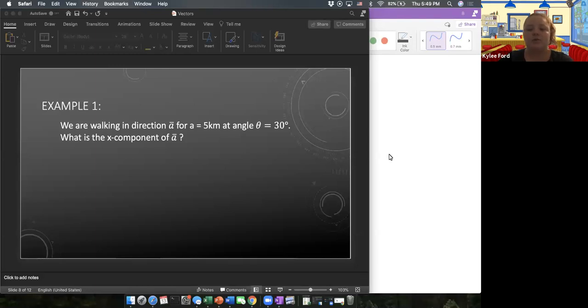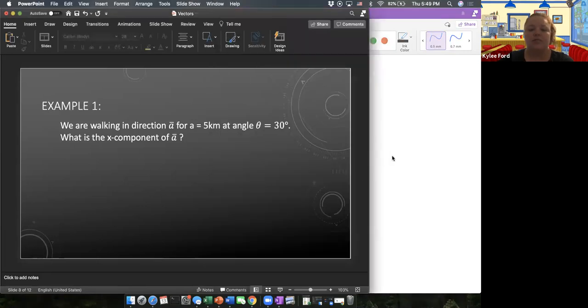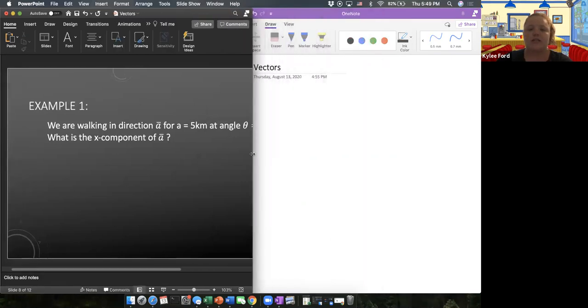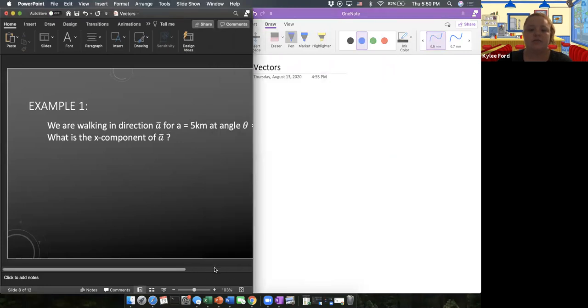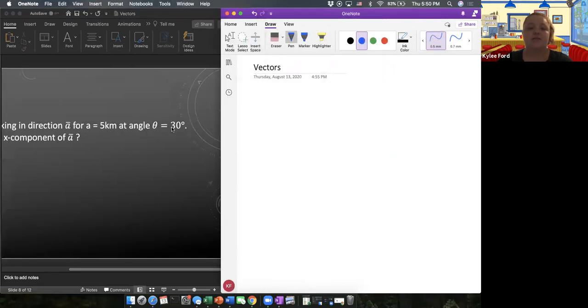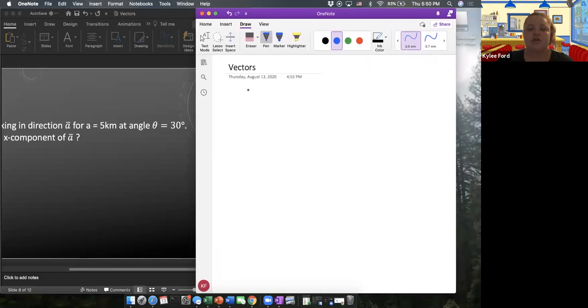Okay, so let me go over here to my whiteboard and I will show you guys how we can figure this out. Again, our direction that we're walking is A equals 5 kilometers at some angle of 30 degrees. So the first thing I'm going to do is draw in a reference for myself.